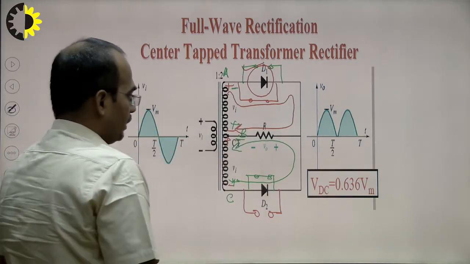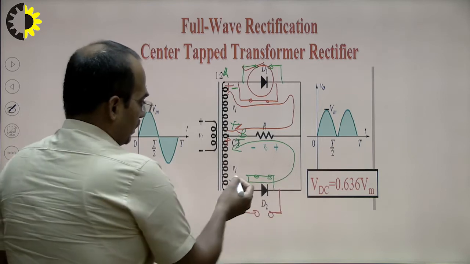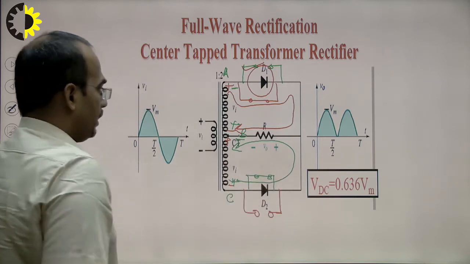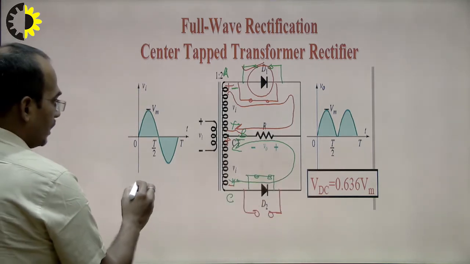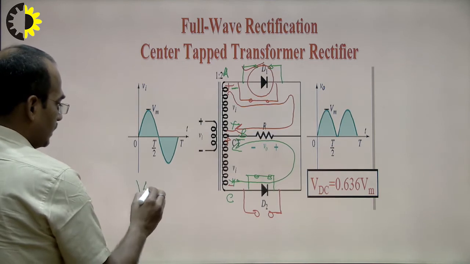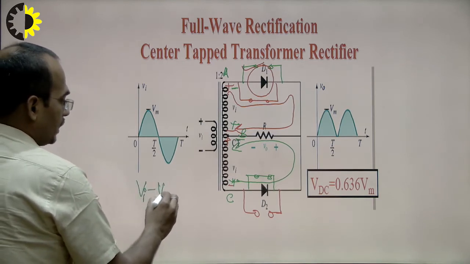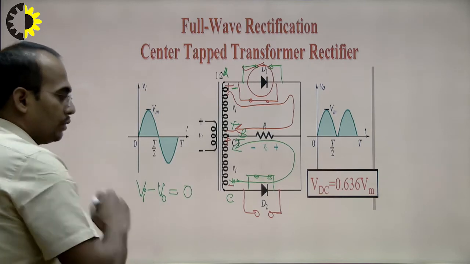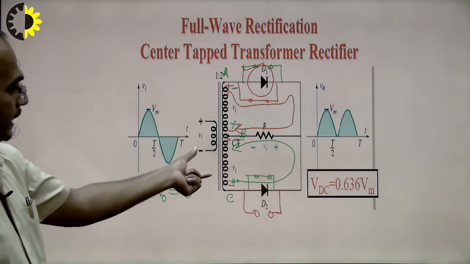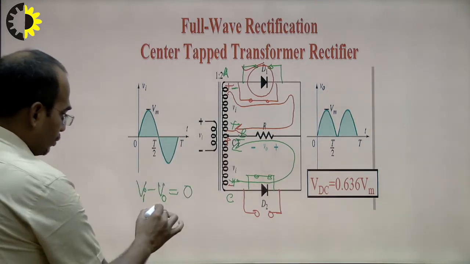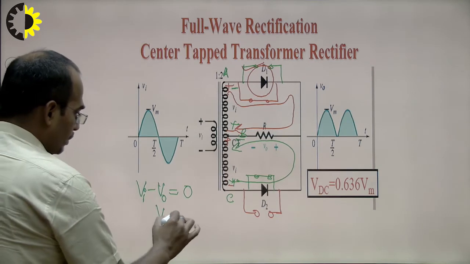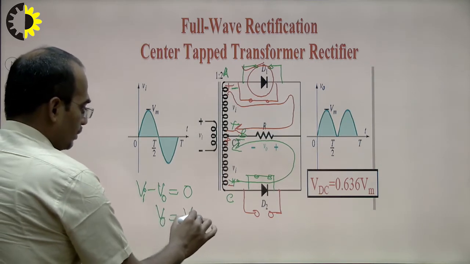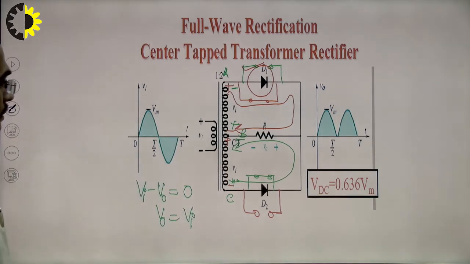Applying KVL, we get Vi minus Vo equal to 0. Because I have applied the negative half cycle here, Vo is equal to Vi.